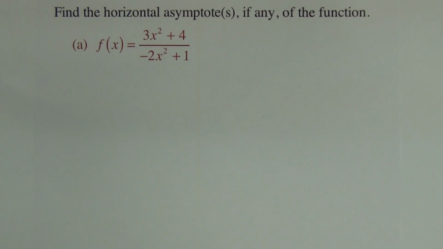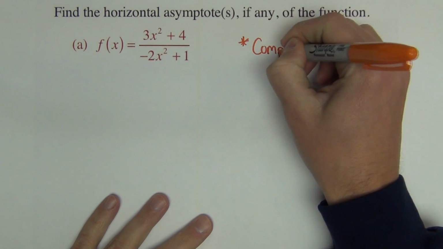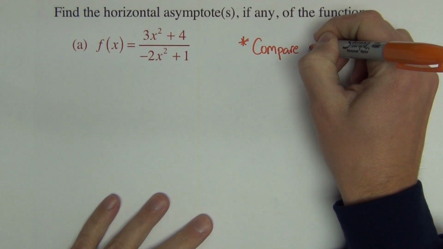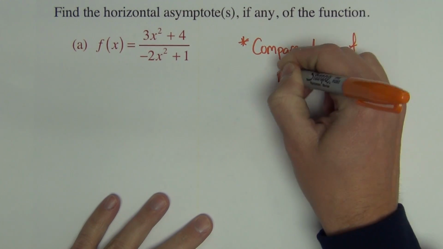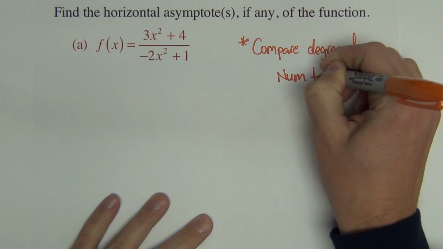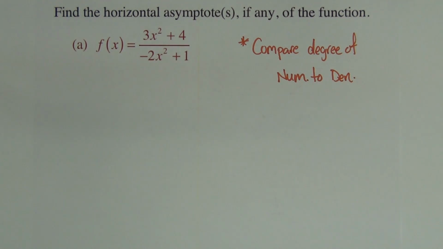All right, when you're looking for horizontal asymptotes, what you need to do is compare the degree of the numerator to the denominator. Okay, so the degree, we know what degree is.